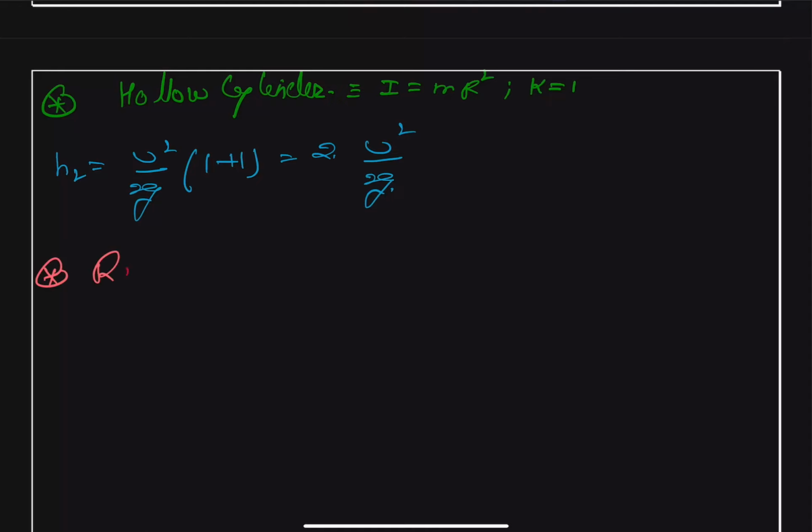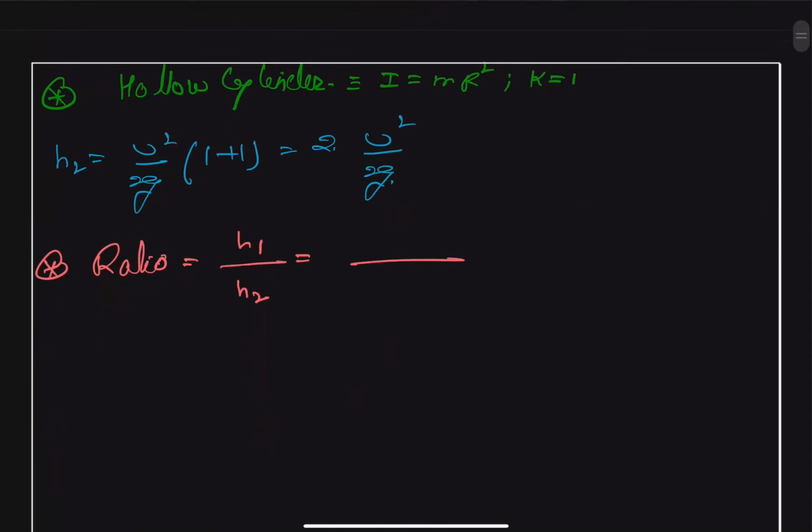So we can say our ratio h1 upon h2 will be equal to 7 upon 5 v square upon 2g divided by 2 v square upon 2g.